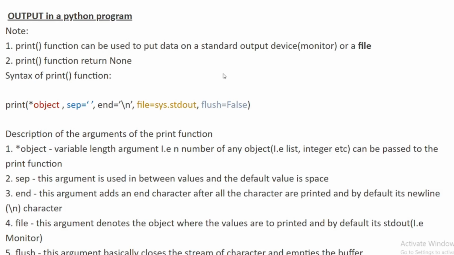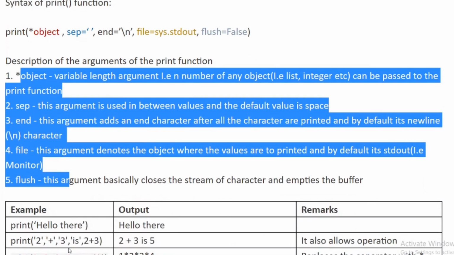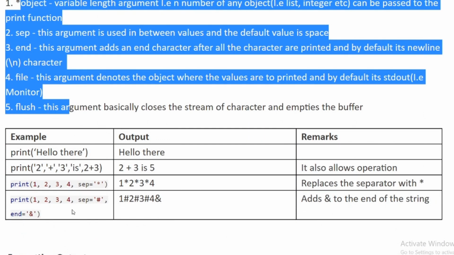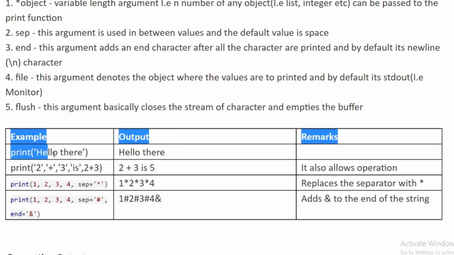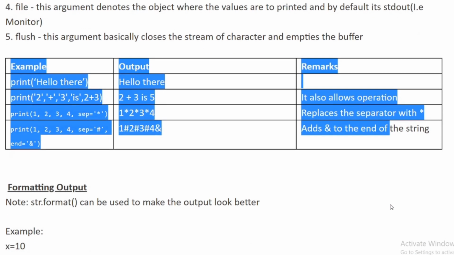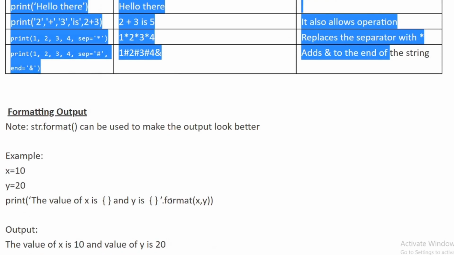Because we are using the standard output, that is our monitor. And flush is, again, related to file handling, where we want to close our stream and clear the buffer once we have done it, right? The description of the different arguments is given in the blog. Go through them. We also have a good deal of examples which can be used. Does it make sense? Okay, fine.